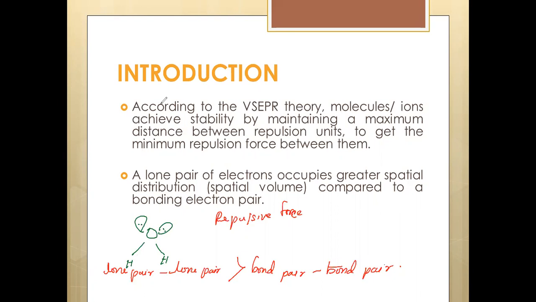So what is happening here? The repulsion between the lone pairs should be high. Figure 1: the repulsion between lone pair and bonding pair. So you can say theta 1 is always higher than this. What about the repulsion between the bonding pair and lone pair?